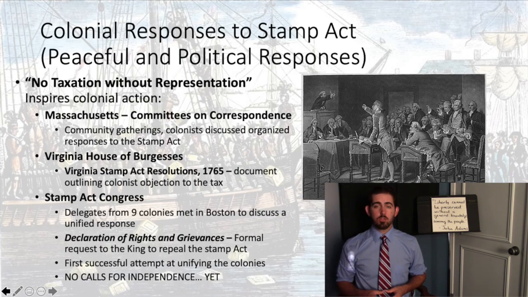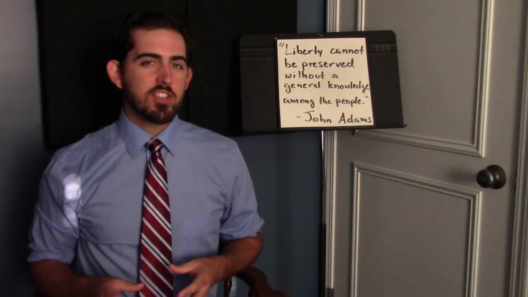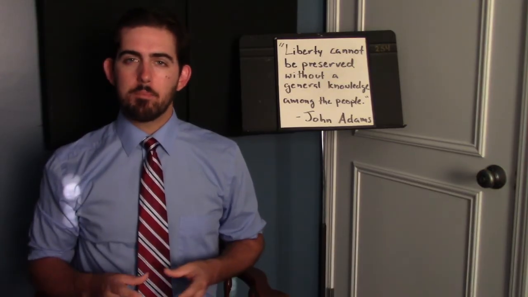While the Stamp Act Congress is widely seen as the first successful attempt to unify the colonies, we should note here that there were no calls for independence at the Congress. The delegates still considered themselves loyal Englishmen who simply expected the same rights and protections as their brethren across the Atlantic. Elsewhere, colonial response to the Stamp Act was more extreme.